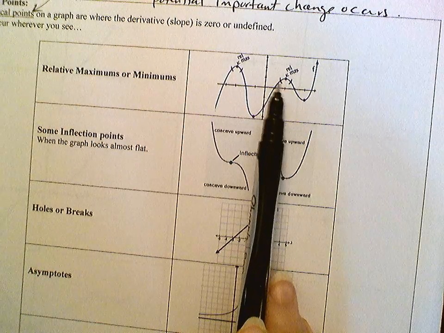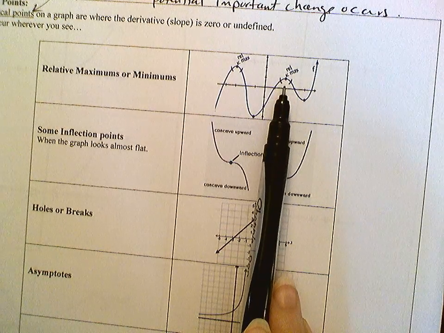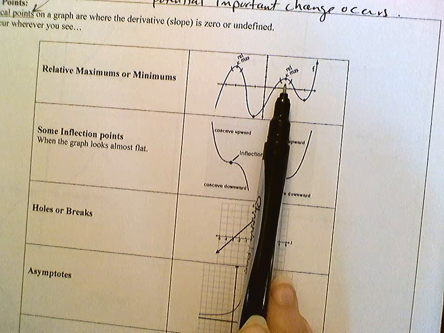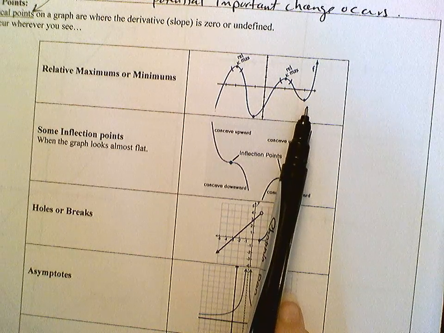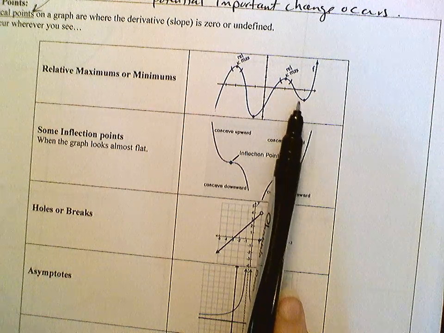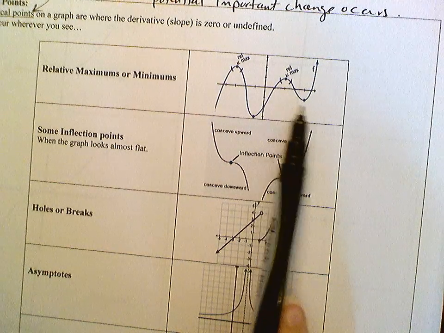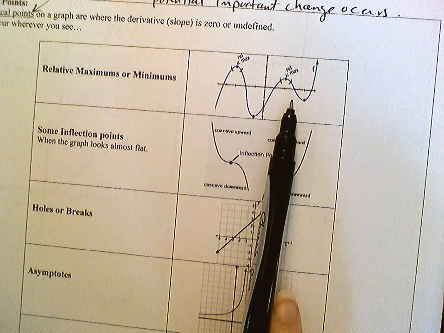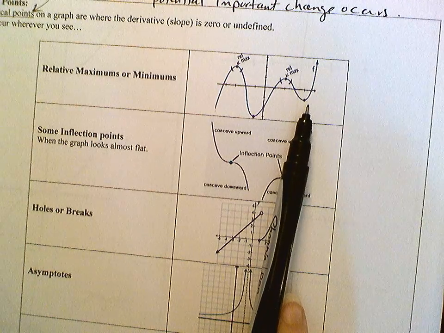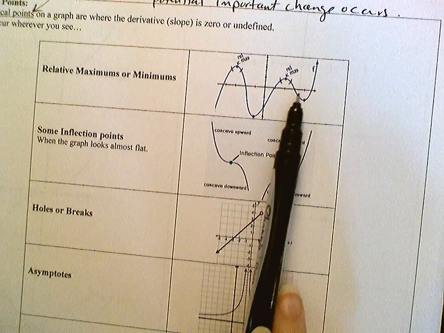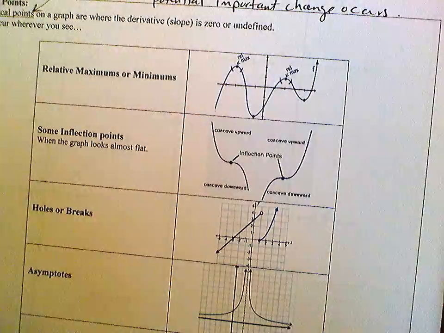Just a relative max means within a certain neighborhood it has the highest y value. And then down here would be a relative minimum because even though it's higher than this minimum, it has the minimum y value with respect to the other points around it.